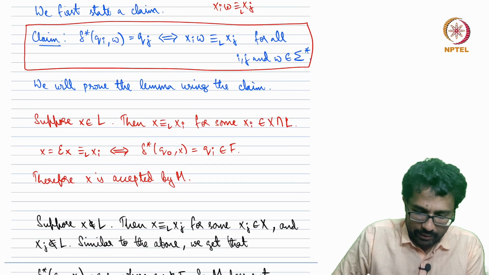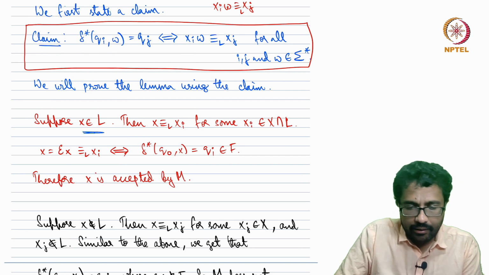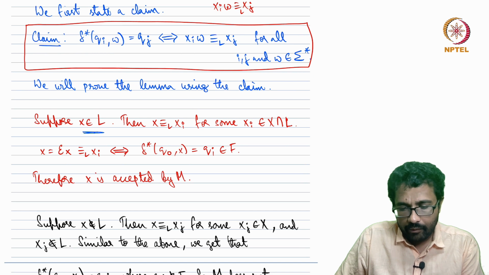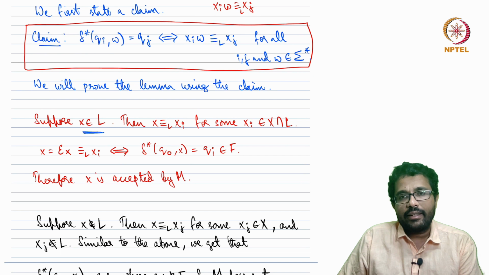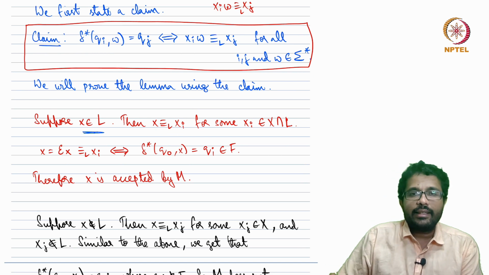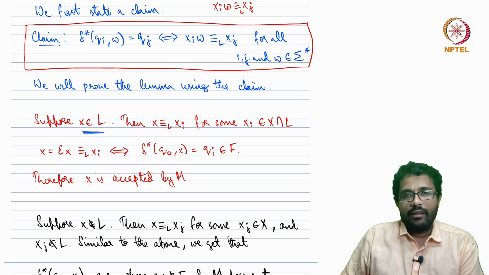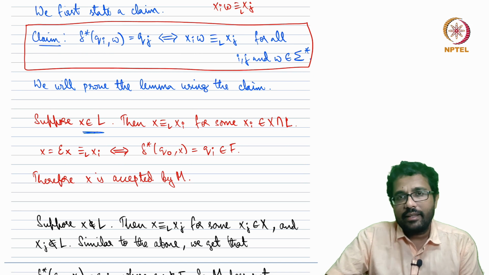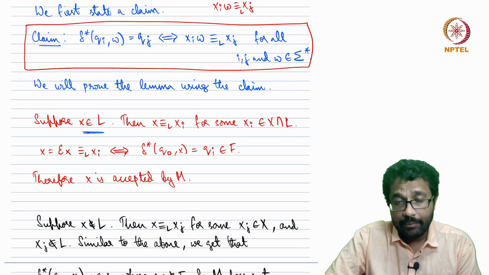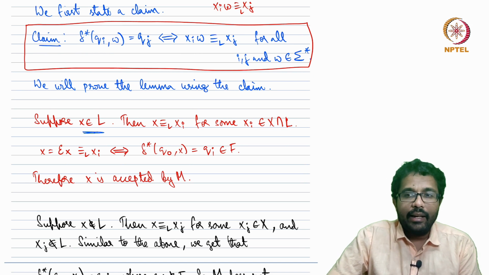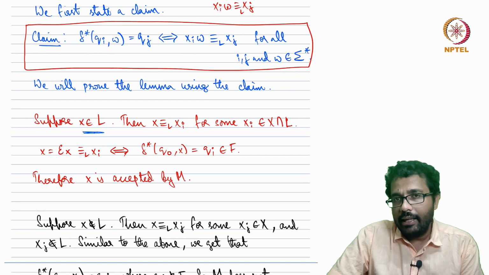Suppose x is in the language, and then it follows that it is equivalent to some string in the set X, because X is the largest pairwise distinguishable set, and whatever it is equivalent with will have to be a string in the language.